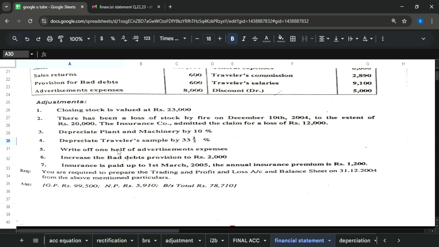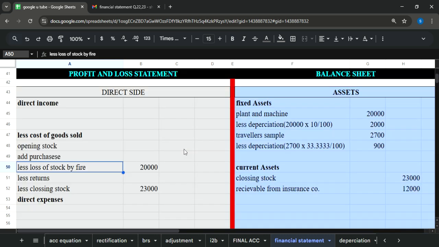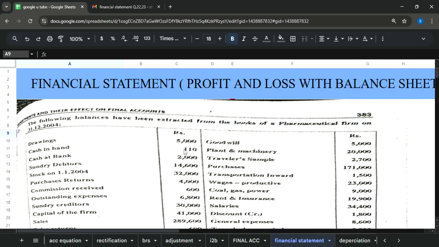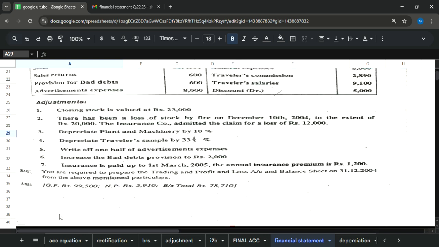Write off 1/2 of advertisement expenses. It means you will go to operating expenses. Here you will write advertisement, and it is said to take only half. Come over here and search for advertisement expenses. We are not finding it in the upper part.